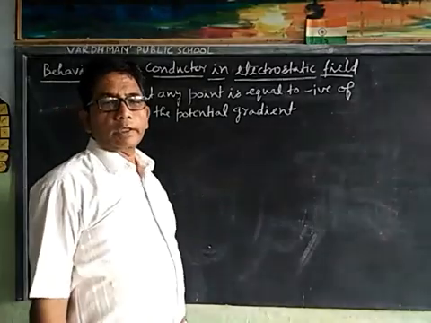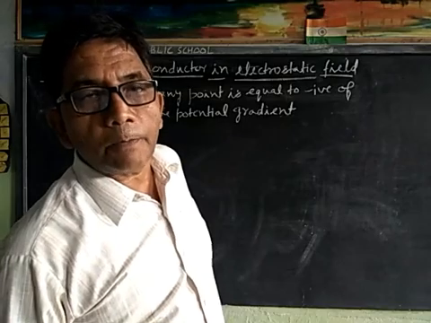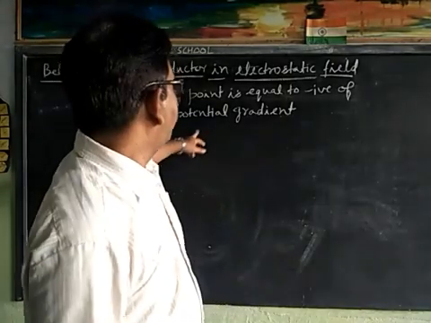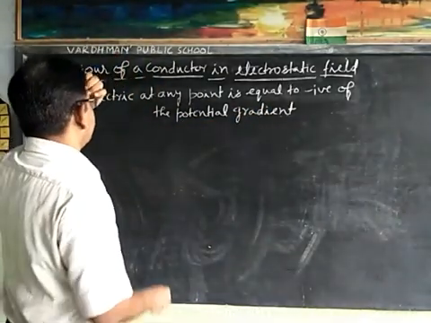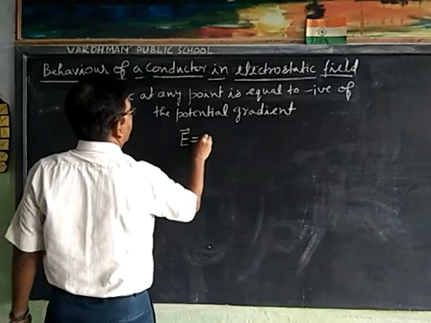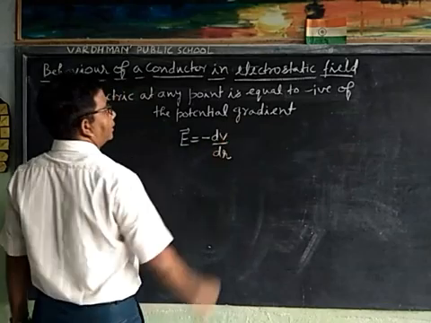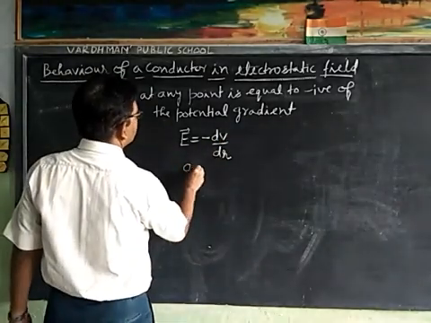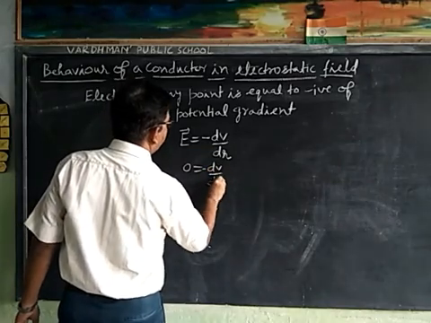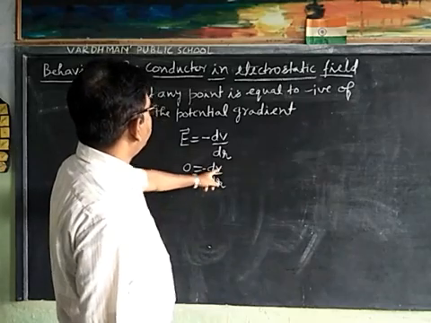We have told you electric potential is constant within and on the surface of a conductor, and electric field at any point is equal to the negative of the potential gradient, that is E is equal to minus dV upon dr. Now electric field inside a conductor is 0, therefore 0 is equal to minus dV upon dr. Now differentiation of a constant term is 0.